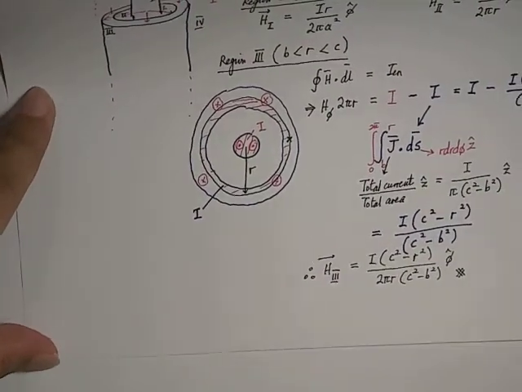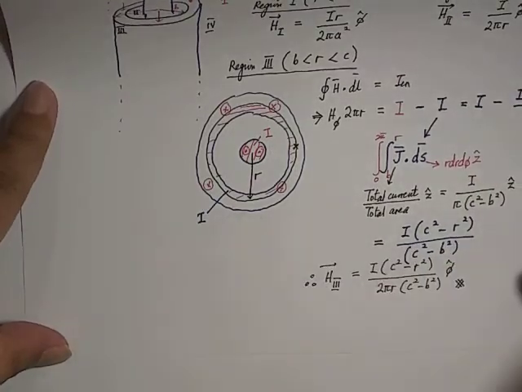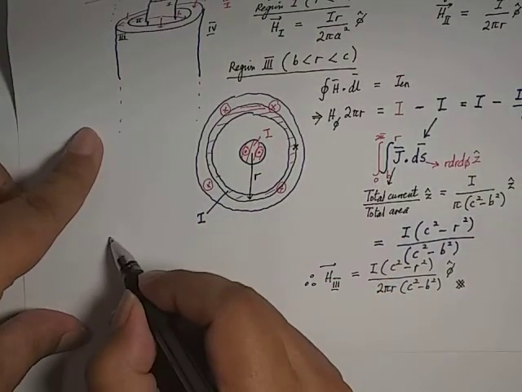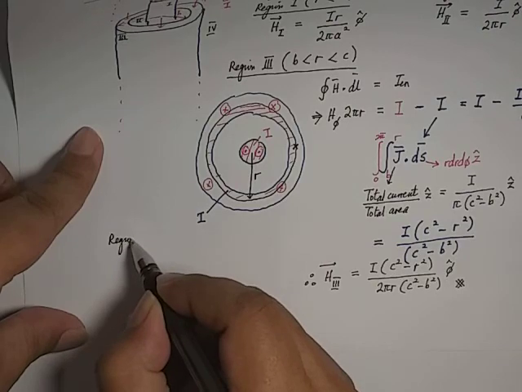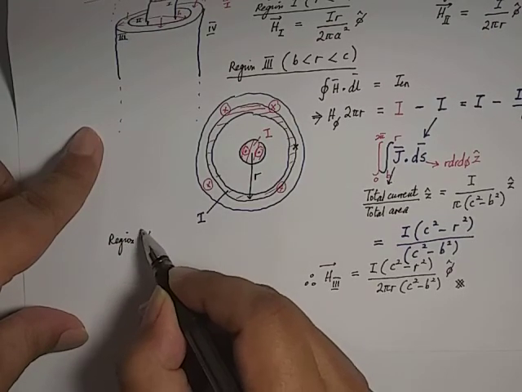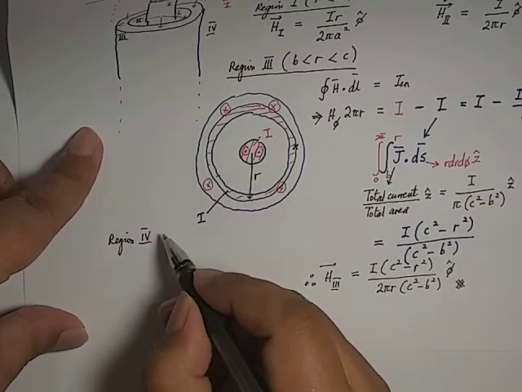Okay, region number 4, we're going to put it here because we still have space here. Okay, region 4. So what is the characteristic of region number 4?